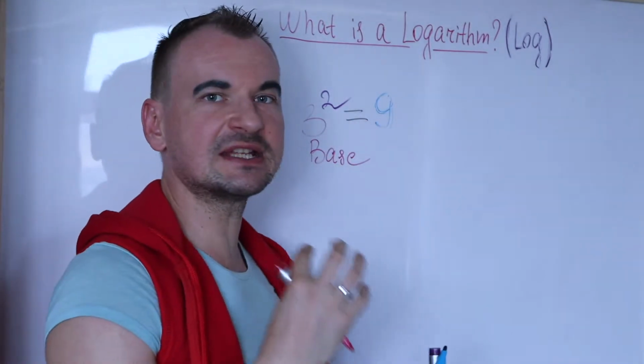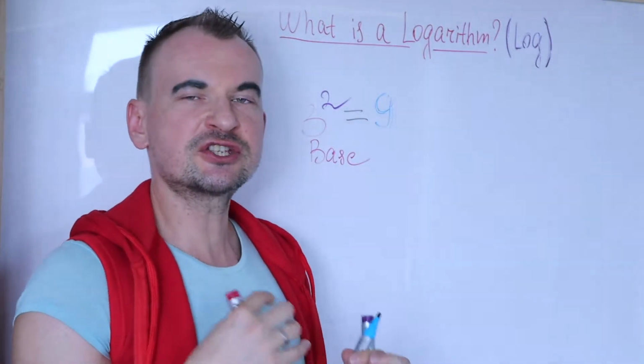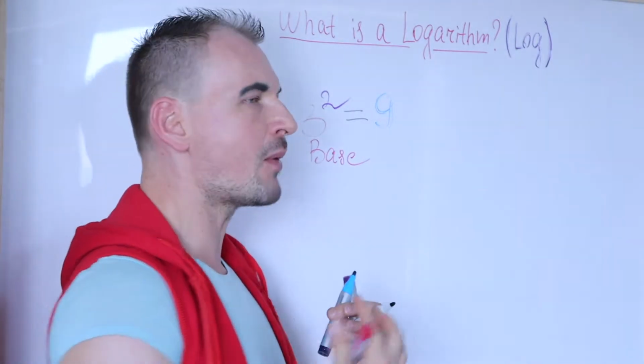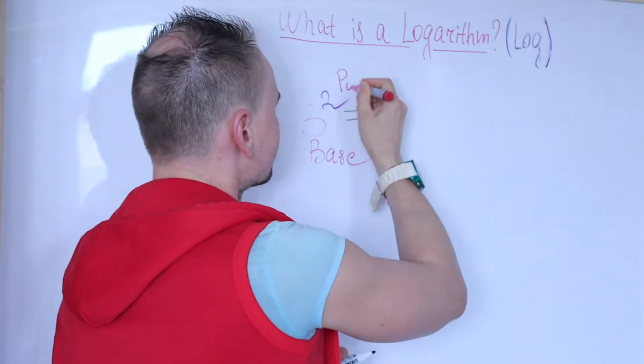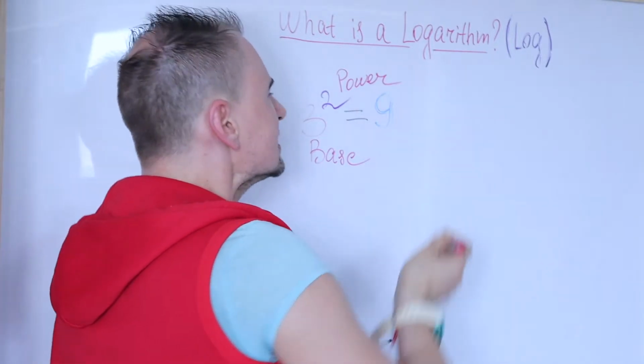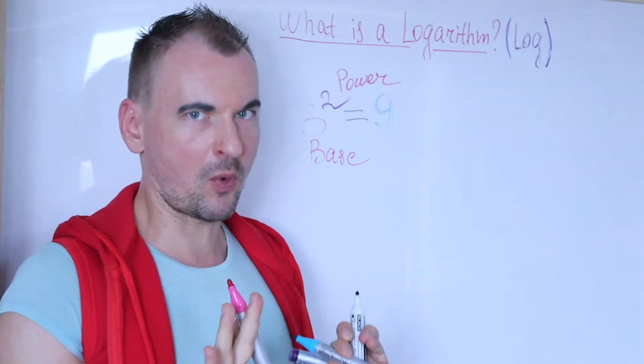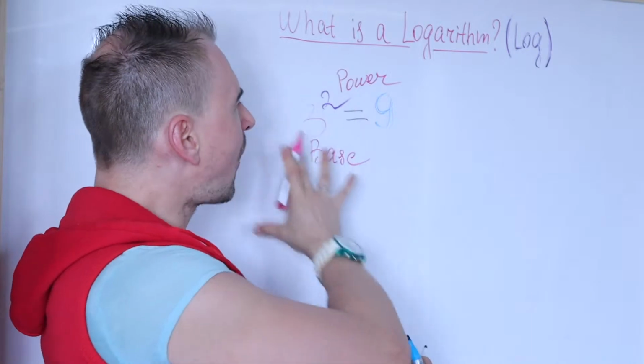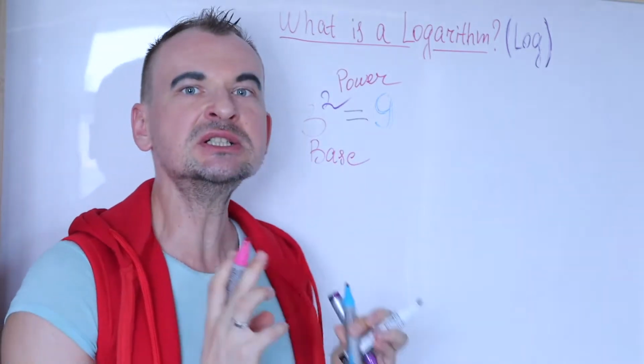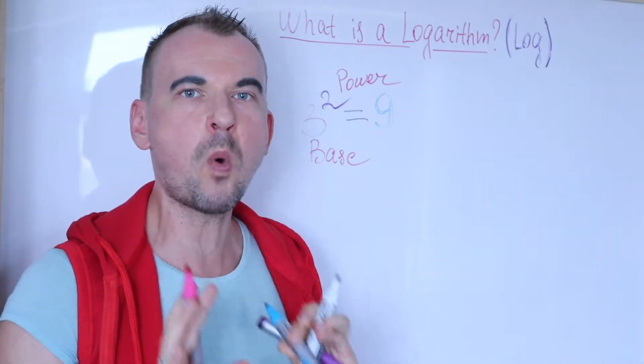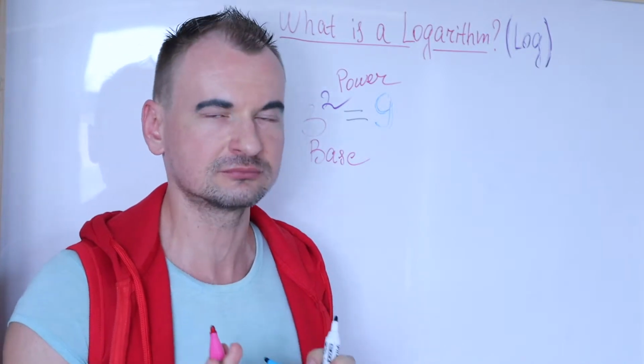This little 2, written as a superscript, is known as power or index. Sometimes it's called an exponent. And this whole entire expression is called an index form or exponential form.